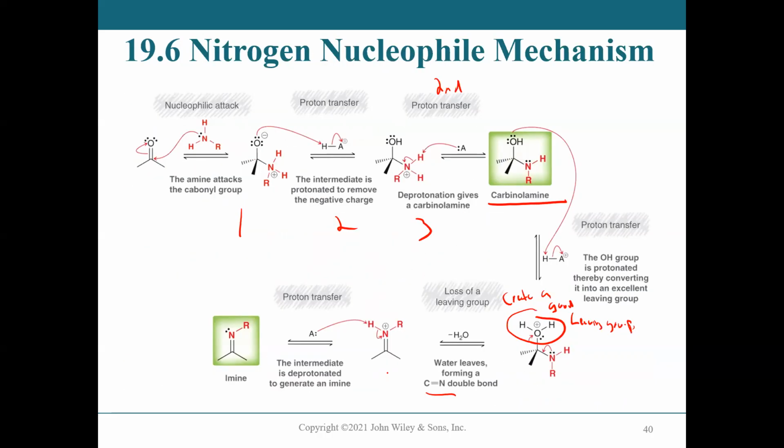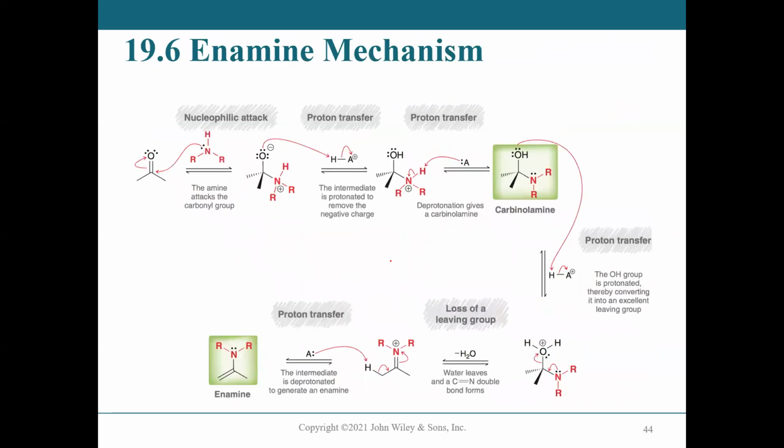So we're deprotonating the nitrogen right here. It's a proton transfer. Here we're not taking the proton off of the nitrogen, right? There's no proton to take off here. So we're creating this double bond right here.